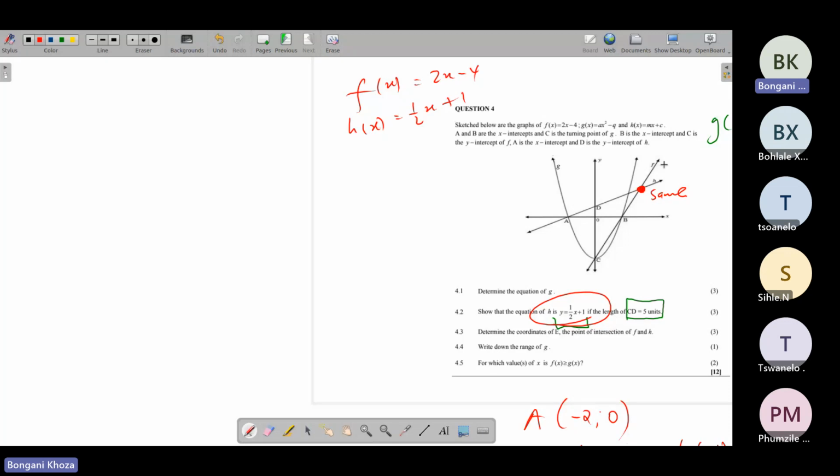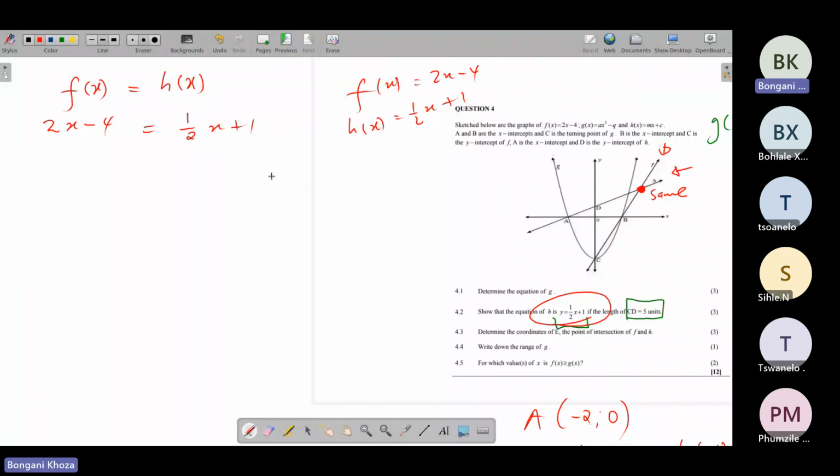That means the y value of F is the same as the y value of H. So we can say E is a point where f at x equals, not g at x, but h at x. Remember, this is still the y coordinate, so that y coordinate is the same as this y coordinate. Then from there, we just plug in the equations. For f at x, I'm having 2x minus 4. For h at x, I'm having 1 over 2x plus 1.